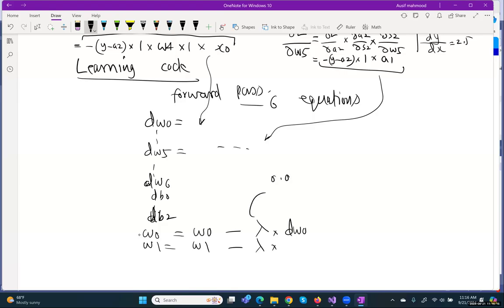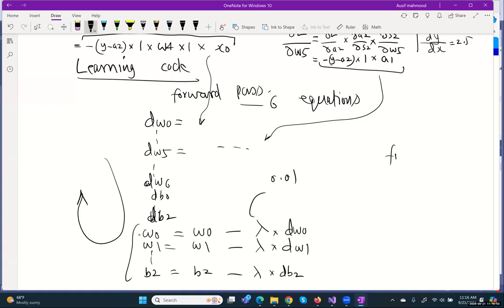Lambda is a learning rate which you will fix to 0.01 or 0.05 or whatever, right? dW1, and similarly up to B2 equal to B2 minus the learning rate dB2. So you will repeat this for a lot of the training data many, many times until it converges, okay? So whatever the final weights are, because these are the final W's and biases, those now the network has learned, so then we'll fix those, okay?